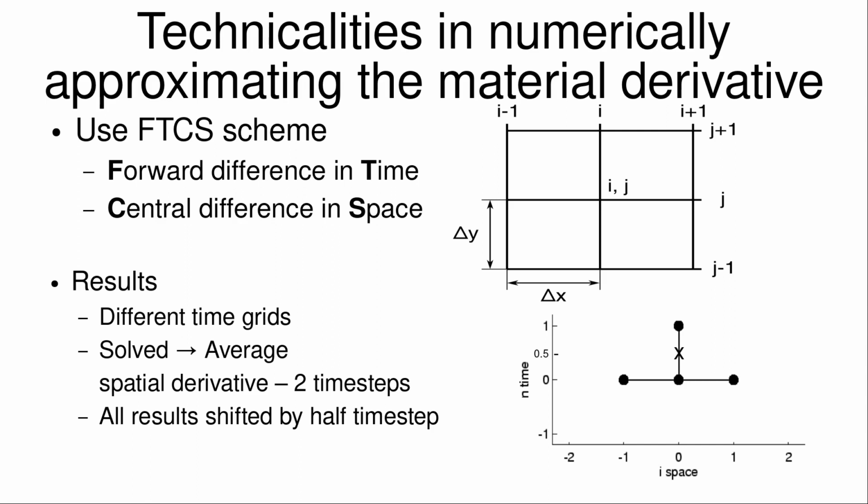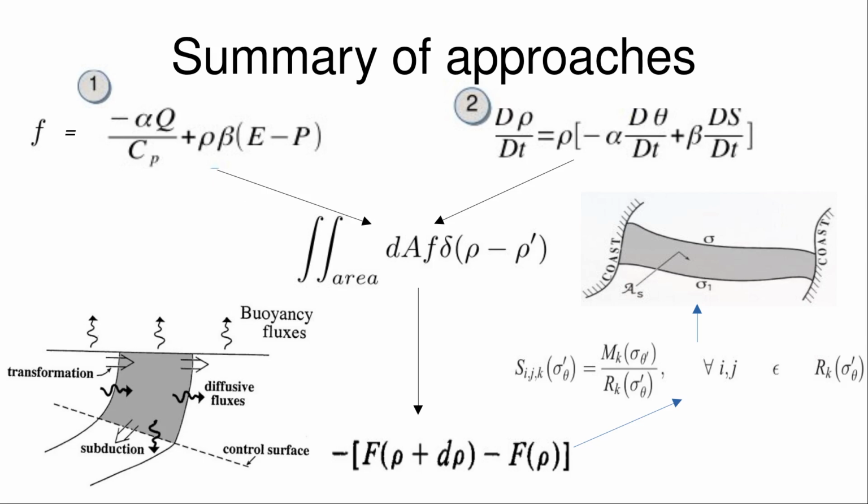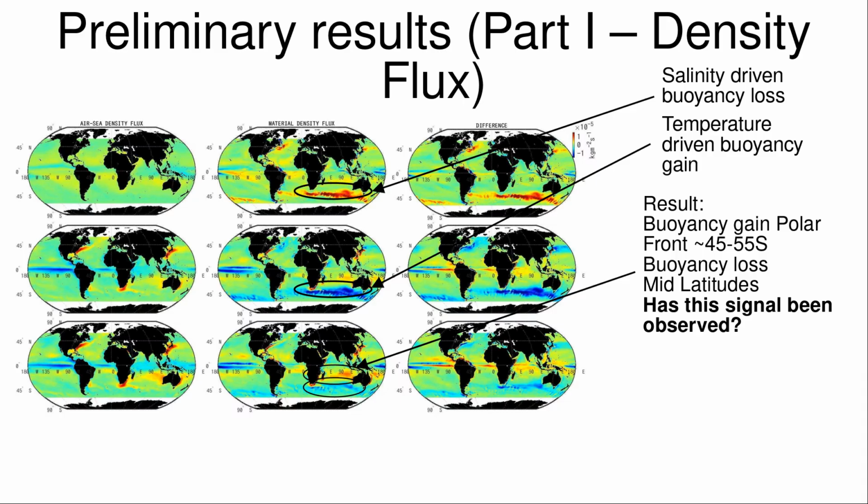And to resolve this, we would need to average all results over 2 time steps to get a half shifted time grid. And this comprises a summary of our approach.